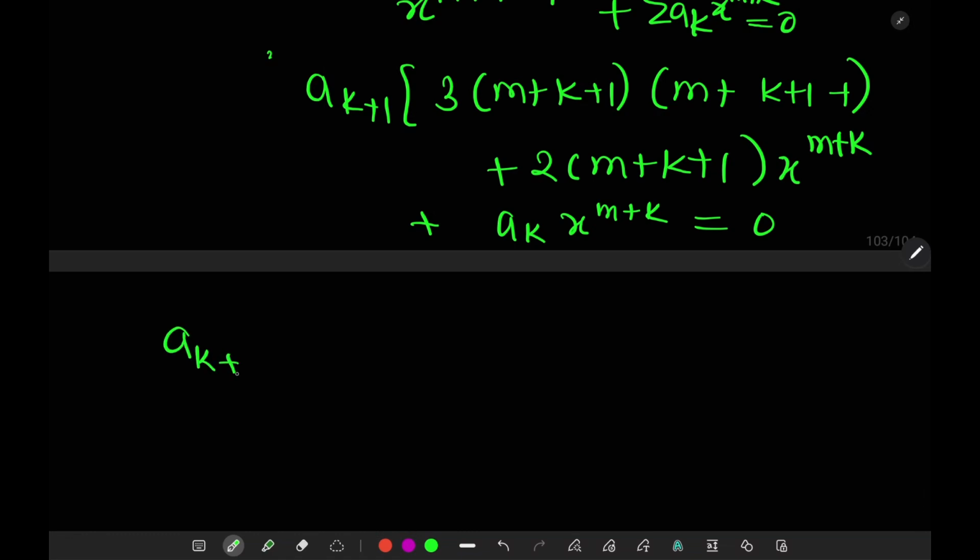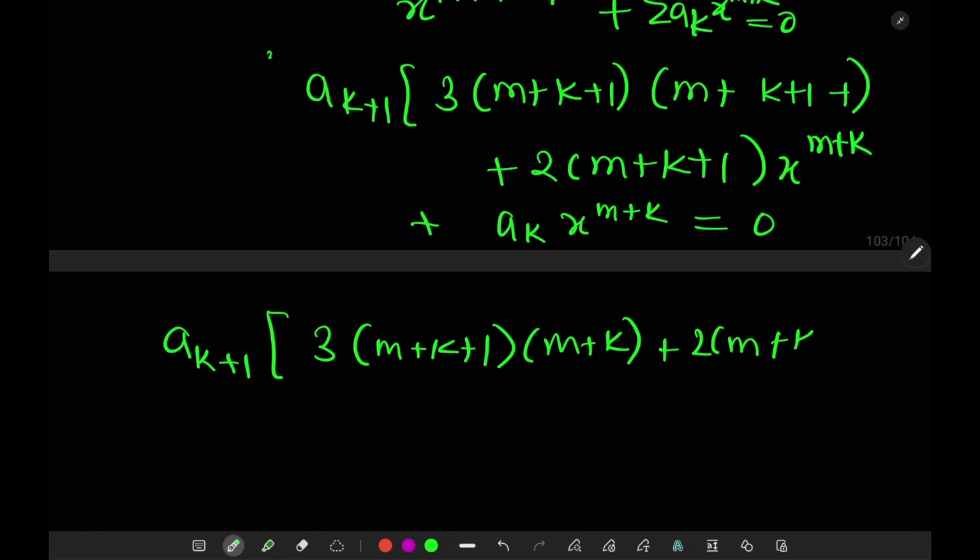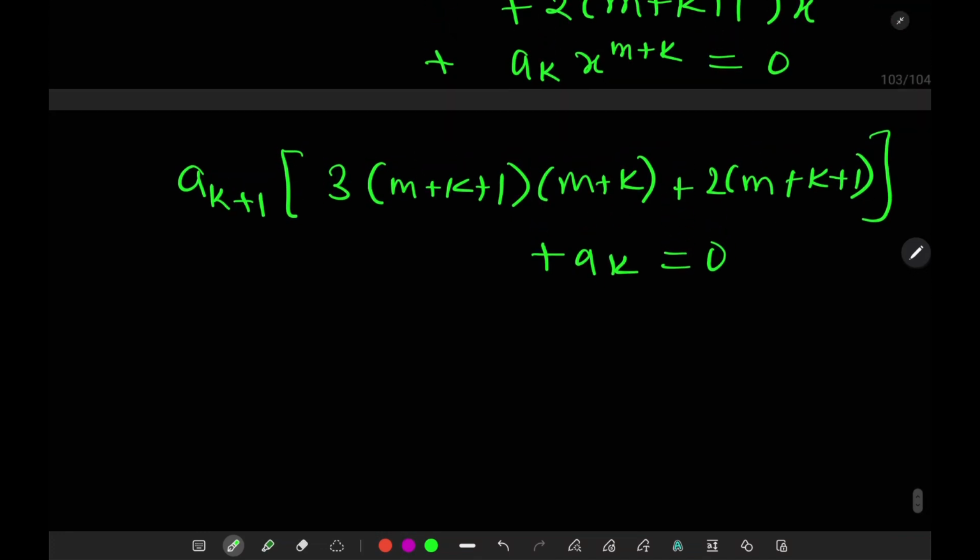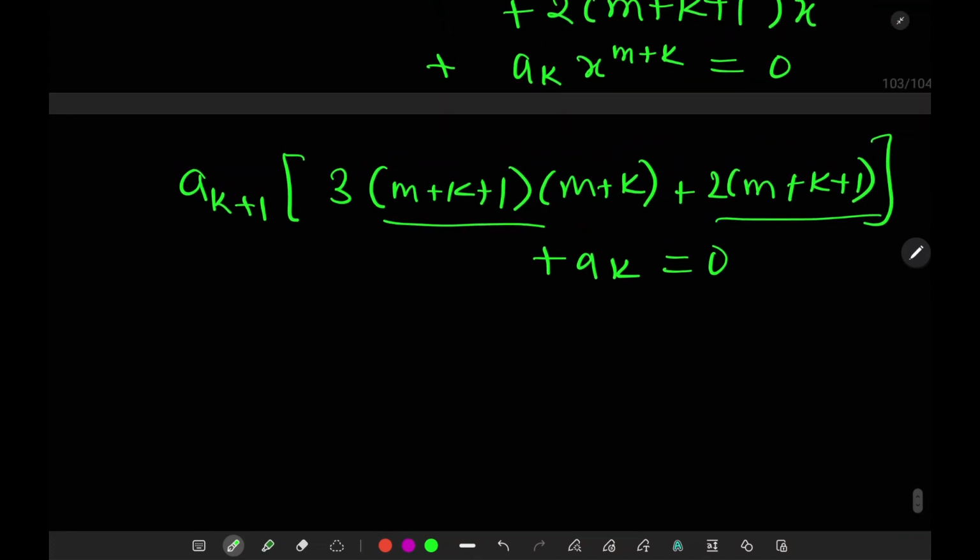Now we can write here a k plus 1 into 3 into m plus k plus 1 into m plus k plus twice m plus k plus 1, plus a k equal to 0. Now these are common.